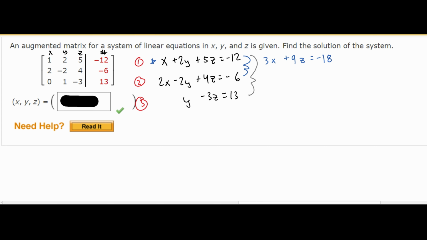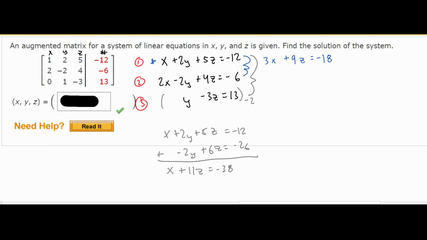We want to get rid of the y in our 3, so for the third one, we're going to multiply it by negative 2. If we multiply this by negative 2, we originally have x plus 2y plus 5z is equal to negative 12, and then multiplying the negative 2 into the third equation, we're going to have negative 2y plus 6z is equal to negative 26. Now we add these together, we're going to get x plus 11z is equal to negative 38.